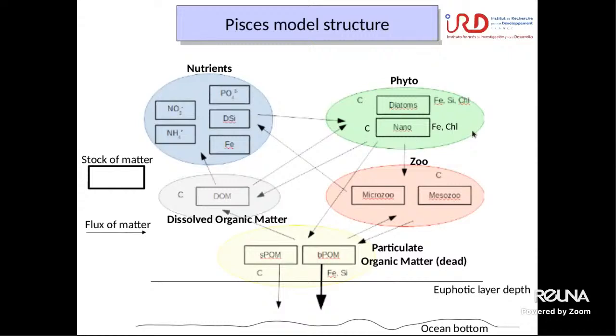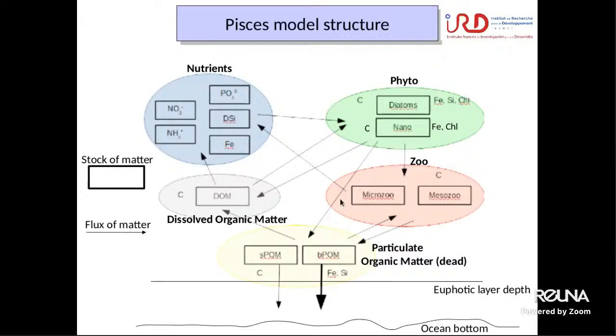Also, when the phytoplankton is producing its matter, it loses some carbon through exudation. This is the arrow here from phytoplankton to DOM, the dissolved organic matter.